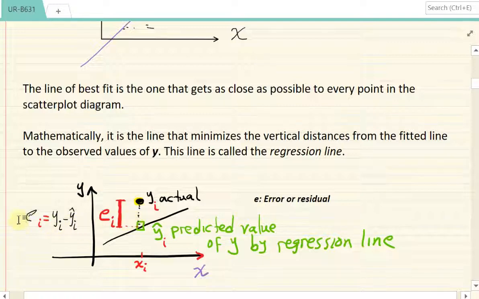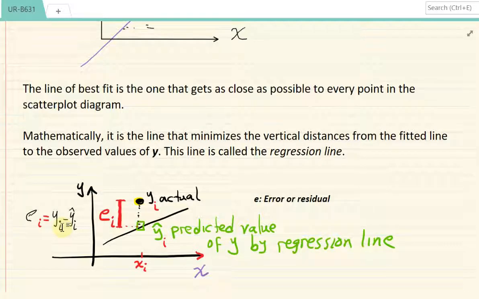Now the residuals could be positive or negative. In this case, y sits above the predicted value, which is y hat i. The caret sign means predicted value. Because this is a higher point than this, the difference is going to be positive. A positive residual means we are underestimating the actual value.